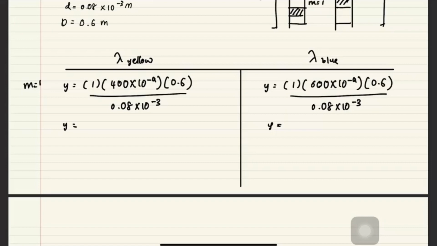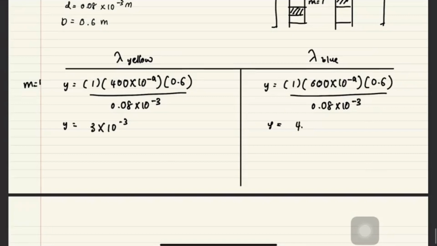Here I got 3 times 10 negative 3. And this part I got 4.5 times 10 negative 3. Okay. And then sebab dia tak sama, kamu can proceed to the next one.